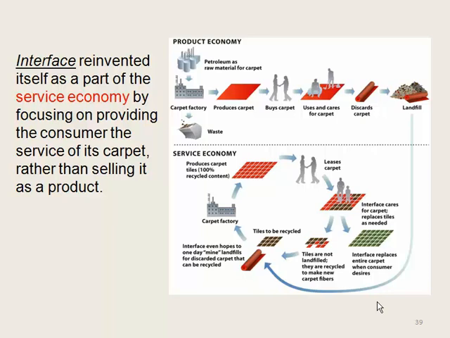In the factory they produced carpet squares and generated a substantial amount, billions of pounds of waste annually. Consumers would purchase the carpet, use and care for the carpet themselves, and then after a period of time or wanting to remodel, consumers would discard the carpets, essentially a linear model of sending it off to the landfill.